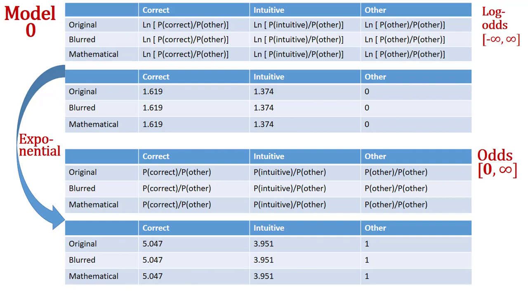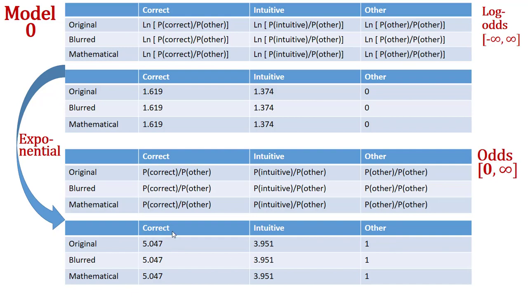So the ratio of correct over other is 5.047, and the ratio of intuitive over other is 3.951, and obviously the ratio of the probability of other over the probability of other should be 1 because it's the same number.